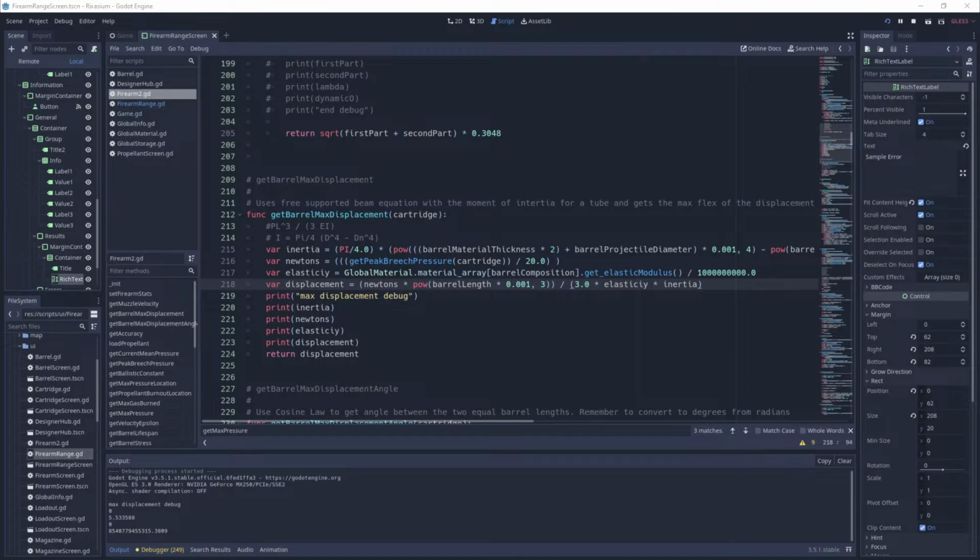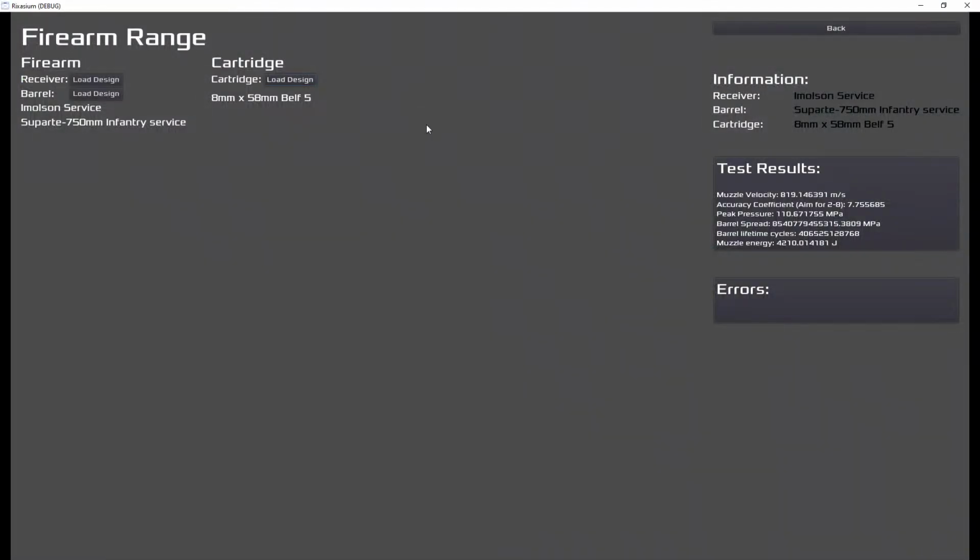Because that really needs to be just straight up recorded. And you can't really do trial and error unless you have a really large force.